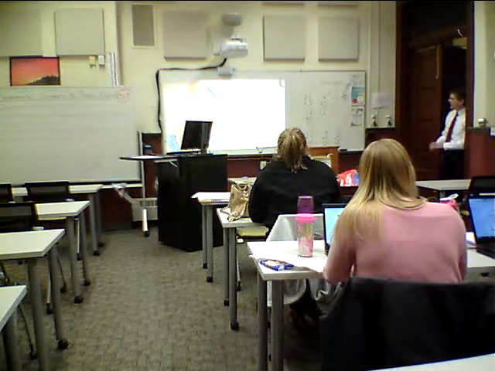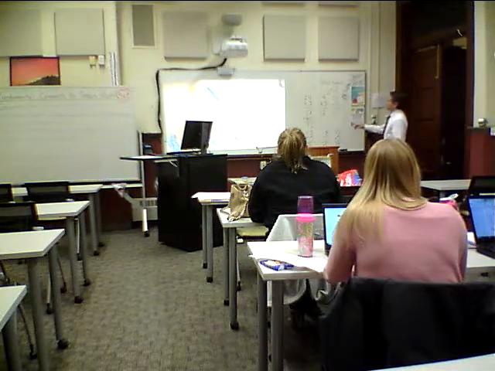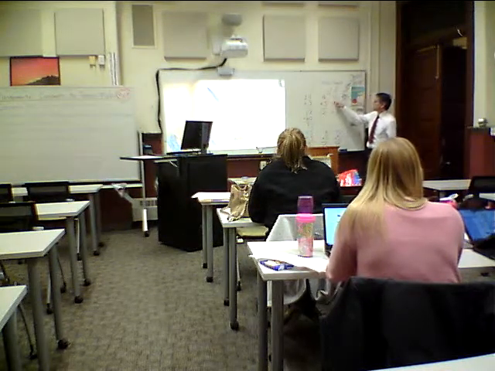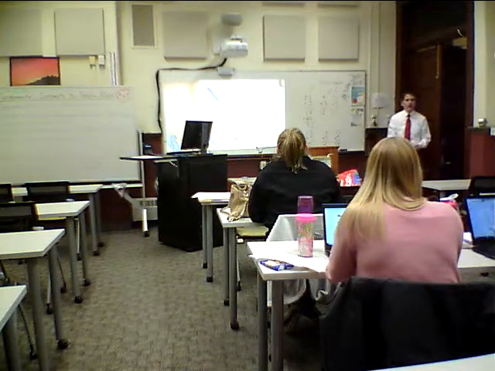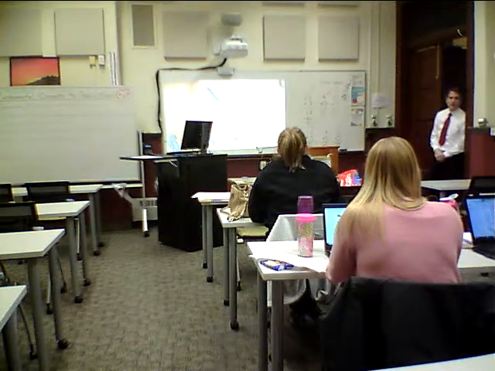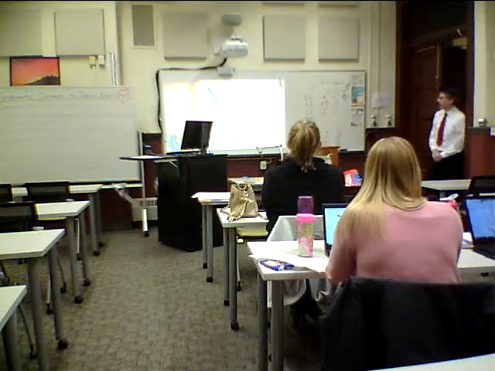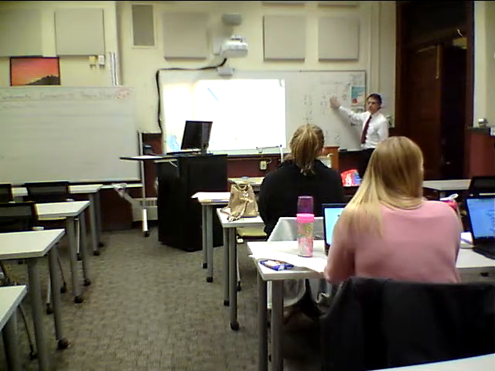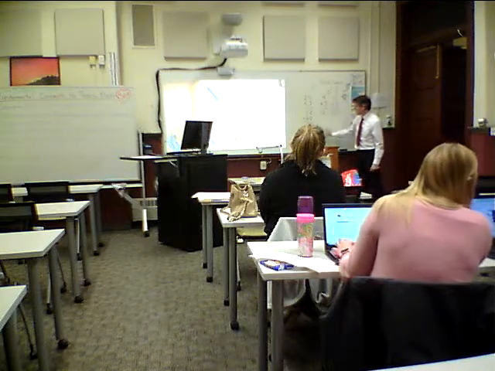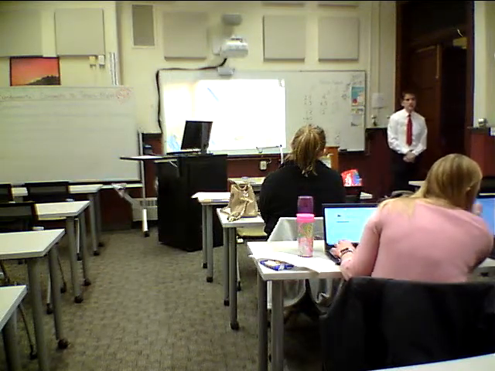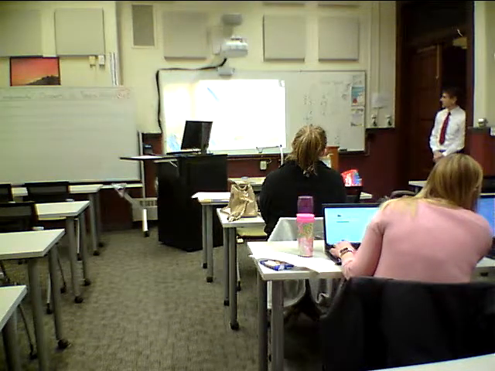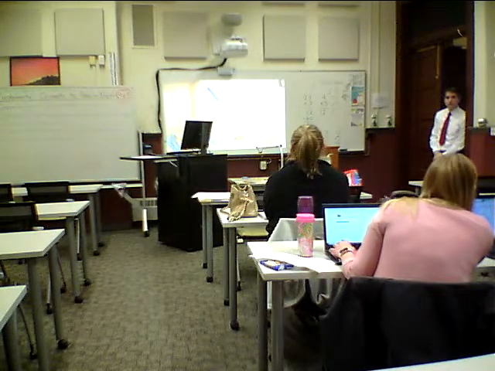And now I've got my data on the board, I can ask them, okay, when we went from 3 times 24 to these two here, we had to use the base 10 blocks. Can you figure out a way to go from this to these two without the base 10 blocks? Do you see a way?